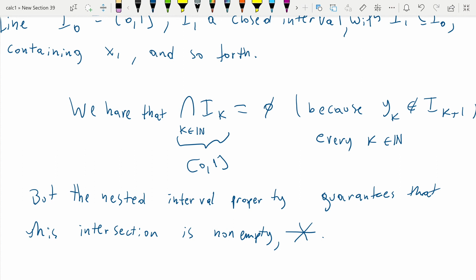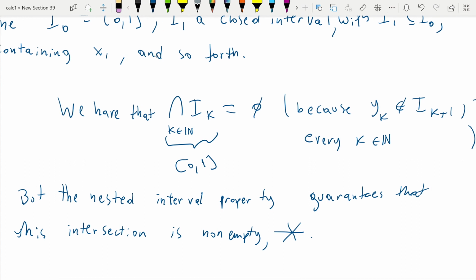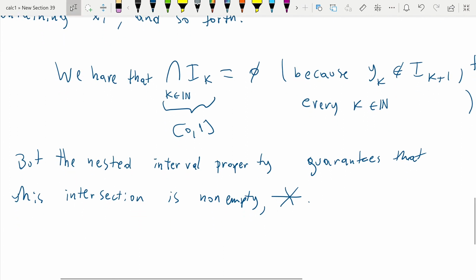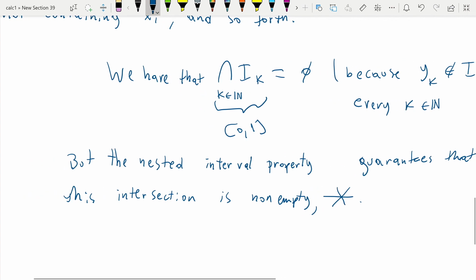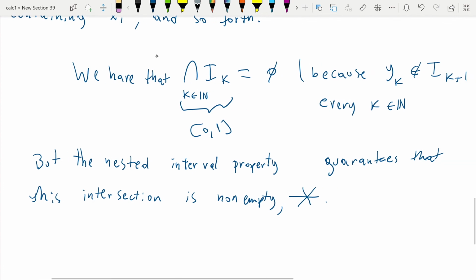You can always establish a one-to-one correspondence between R and the open set 0, 1 by using, say, arctan or the function that they give you in the book, a very explicit construction, just using a rational expression. But that's the whole point: the set of real numbers is much bigger than the rational numbers.